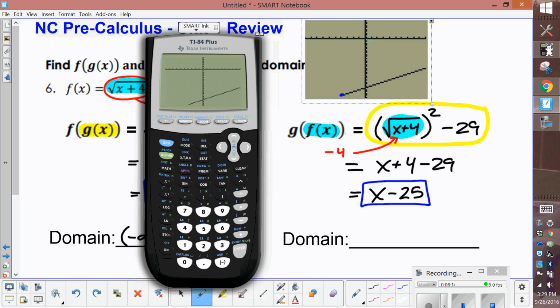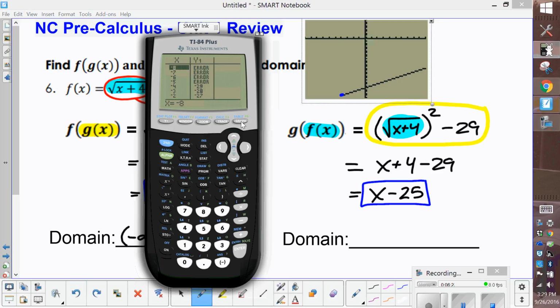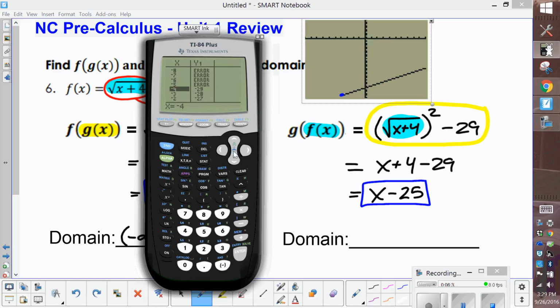If you're ever confused by domain with graphing, look at the table, and then it's kind of cut and dry. Negative 5 is not a number that I can use because I can't have negatives under a radical sign. It likes negative 4, it likes negative 3, it likes everything greater, and those are producing y values as well.